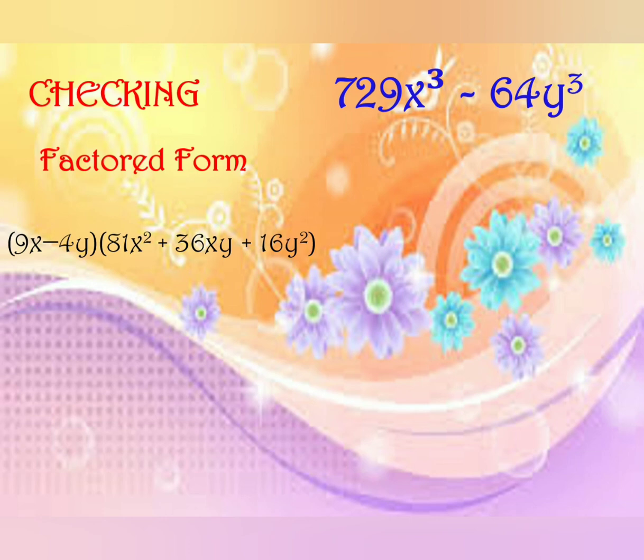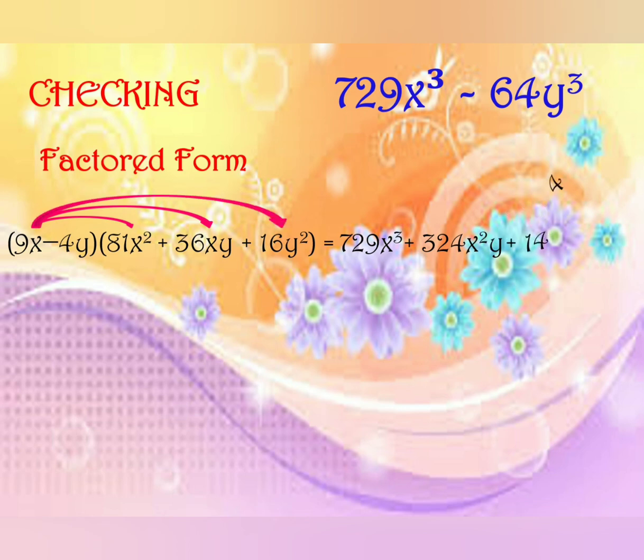So using the distributive property, we have 9x times 81x squared is equal to 729x cubed. 9x times 36xy is equal to 324x squared y. 9x times 16y squared is equal to 144xy squared. Negative 4y times 81x squared is equal to negative 324x squared y.